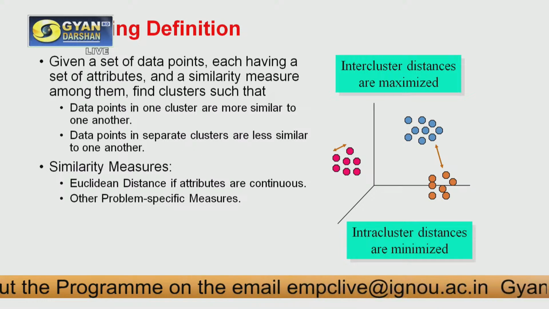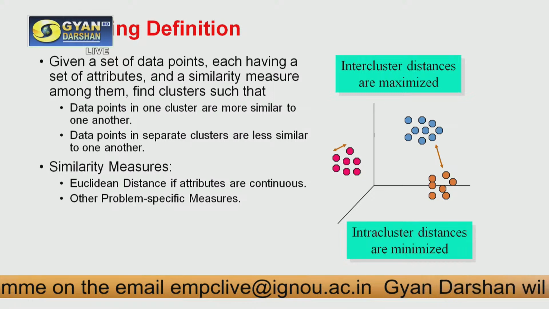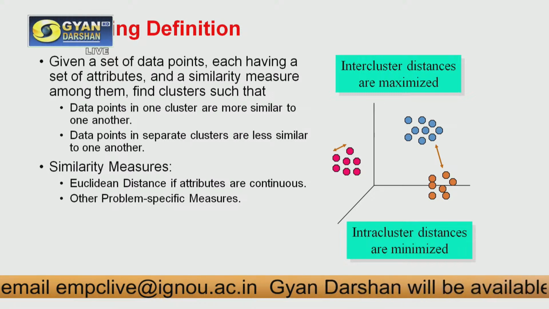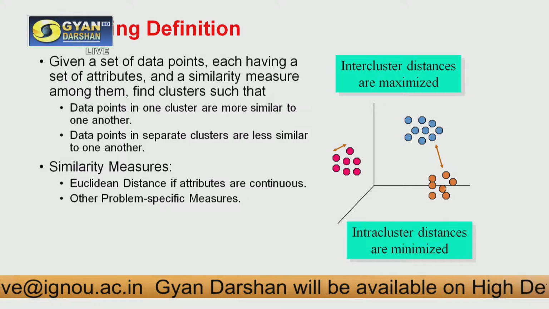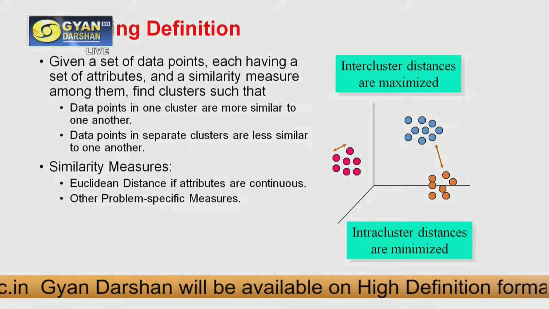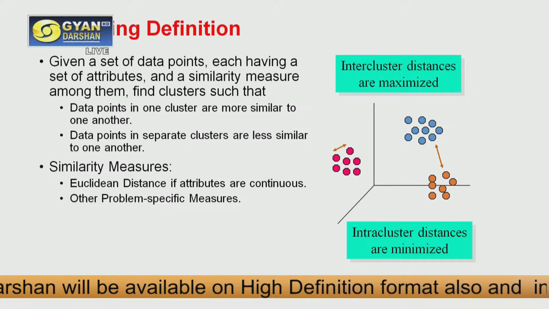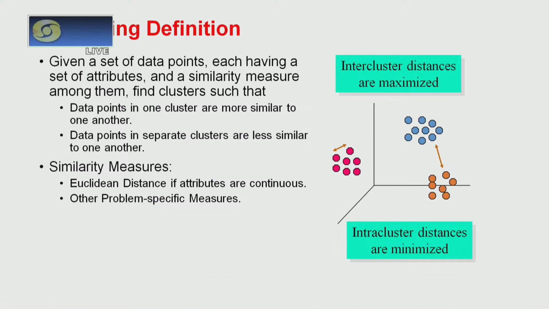As I mentioned earlier, we have different similarity measures, and Euclidean distance is used if the attributes are continuous. But one of the major drawbacks is that it assumes your data set is numeric, that it is continuous, right?